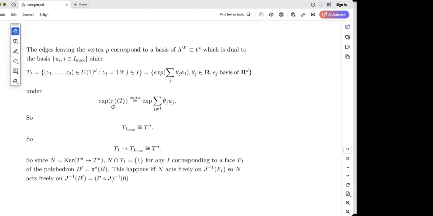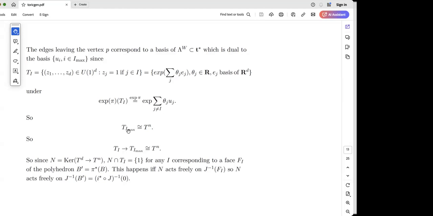You're taking the exponential of pi of T sub I, which gives rise to the exponential of the image of the theta sub j. Those are just real numbers, and the u sub j are the standard Euclidean basis for Rd.